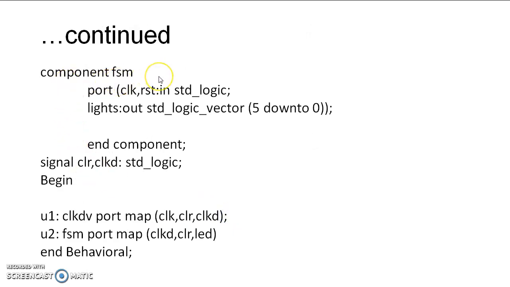Another component FSM is required here for converting the state diagram into the program. Now two signals are required, that is clear and clock D. Two port instantiations are made, one for clock divider and another for FSM.